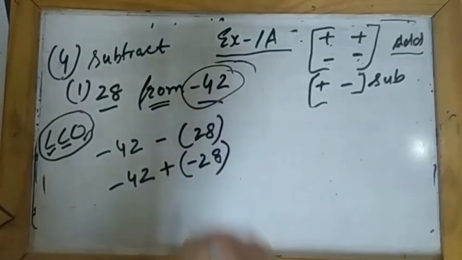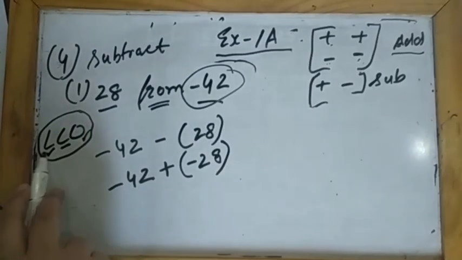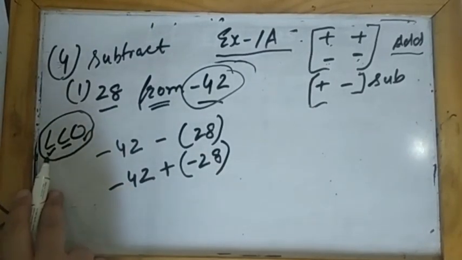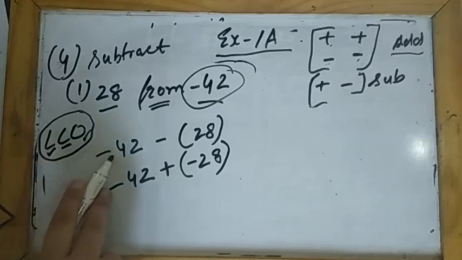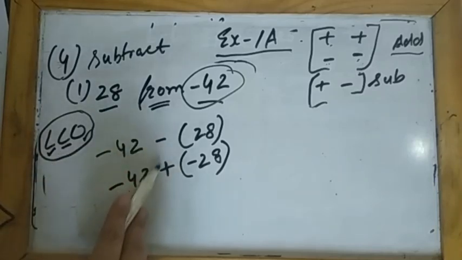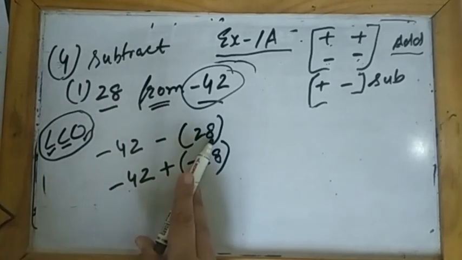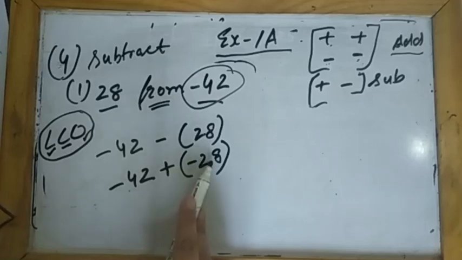These two changes we make while subtracting integers, and you can learn the rule of LCO. L means leave the first number as it is, C means change the sign of negative into positive, and O means write the opposite of the second integer. It's 28, its opposite is -28.